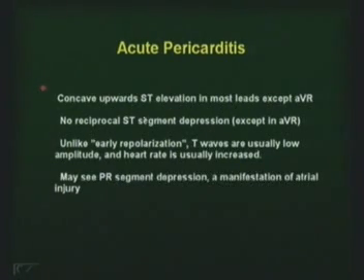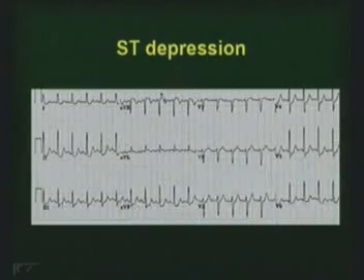There are no reciprocal ST segment depression. Unlike early repolarization, T waves are usually low amplitude and you may see a PR segment depression. These are the differences between ST elevation of acute pericarditis vis-a-vis the myocardial infarction. So reciprocal ST-T changes are not seen. The ST elevation is concave upwards.